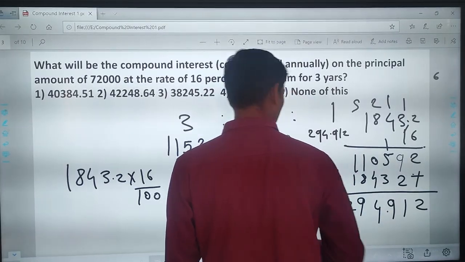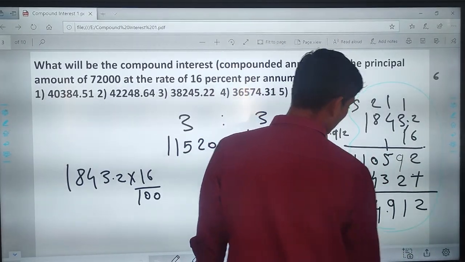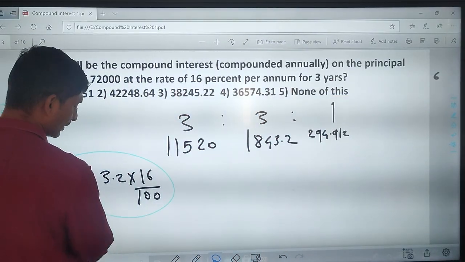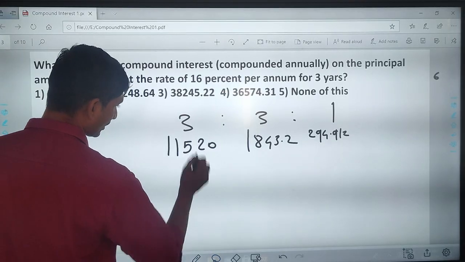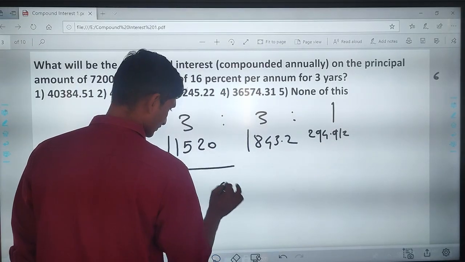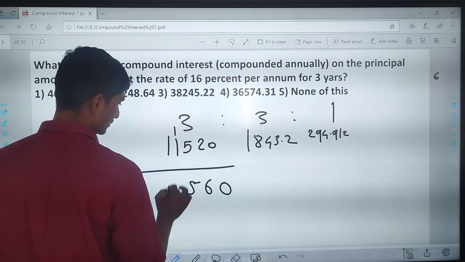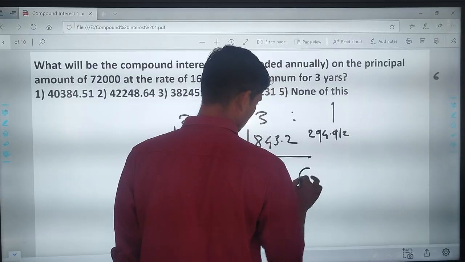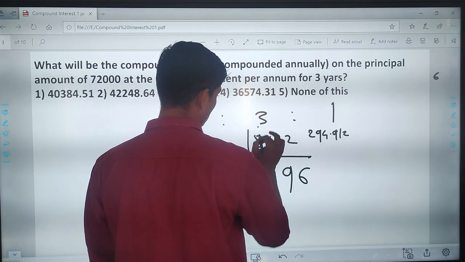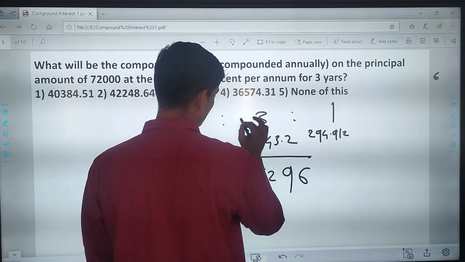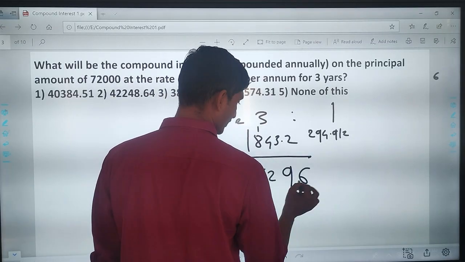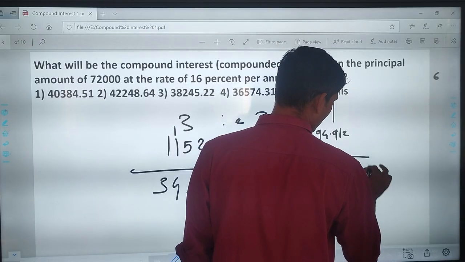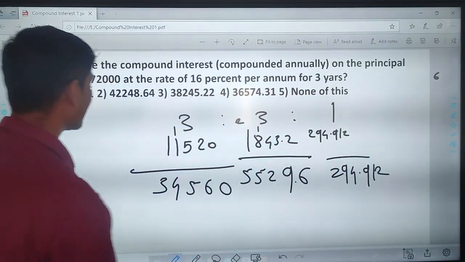294.912. Now here we take the multiplication and add. We get the value of compound interest. Here we take the addition of these two, 294.912.